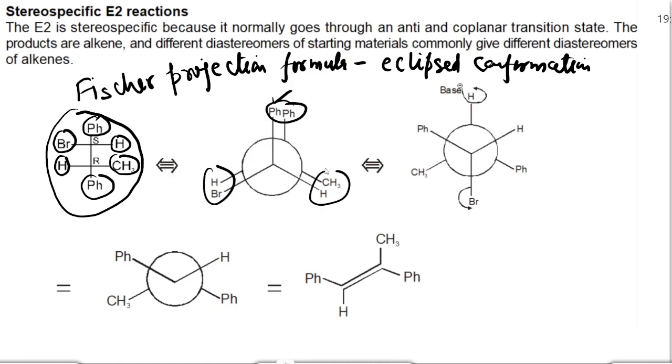So we can rotate it so that we will get a staggered conformation. See, this bromine comes on this side, this hydrogen here, and phenyl at this position.